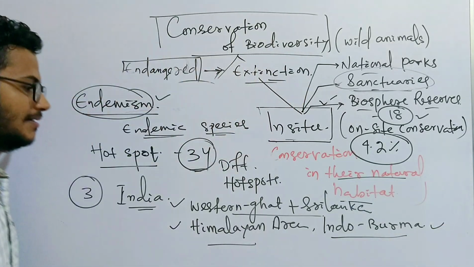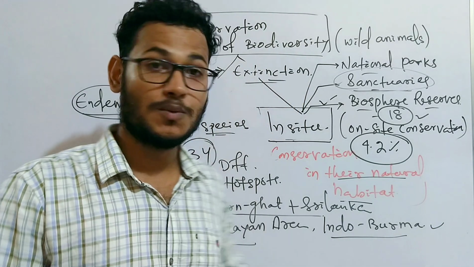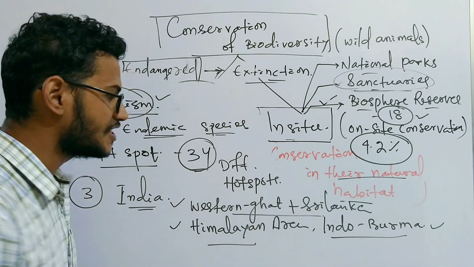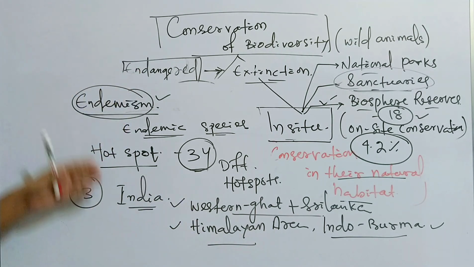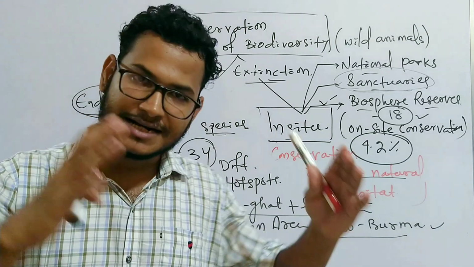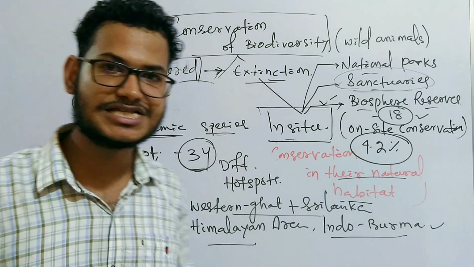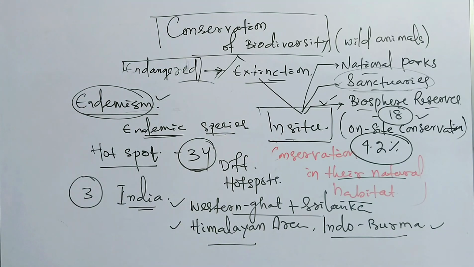So remember, the development of these hotspots reduces the ongoing extinction process, because the extinction process is continuously going on due to human interference, due to climatic change, and all such different activities.